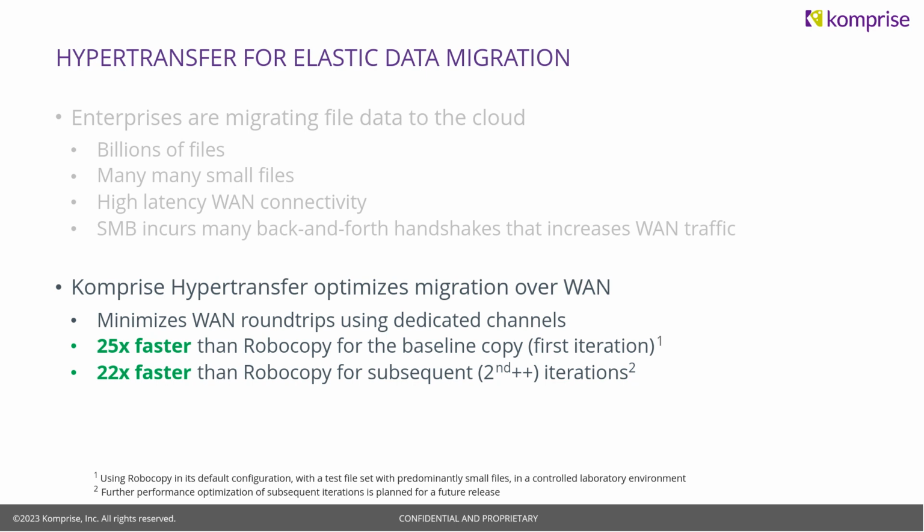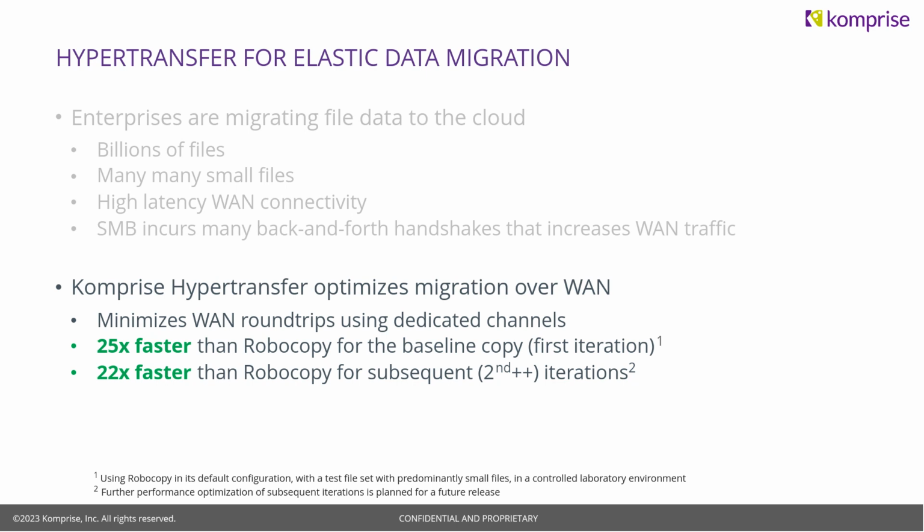And in our lab, we've measured that it's 25 times faster than Robocopy on that first all-important baseline copy where all the data gets copied for the first time. And then, of course, since your file systems tend to be live and you've got users in there making changes, adding, deleting, modifying files, directories, Komprise runs consecutive iterations of the migration to catch those changes.